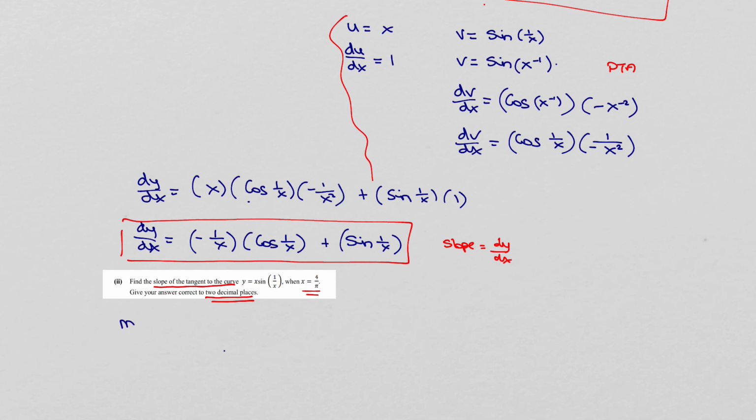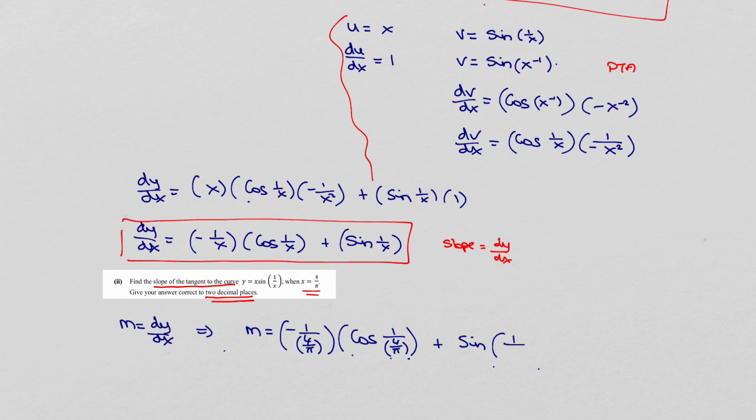So our slope is equal to dy dx. So that means that the slope, when x is 4 over pi, is going to be minus 1 over x, well, x is going to be 4 over pi, times cos 1 over x, so that's 1 over 4 over pi, plus sine 1 over x, so 1 over 4 over pi.